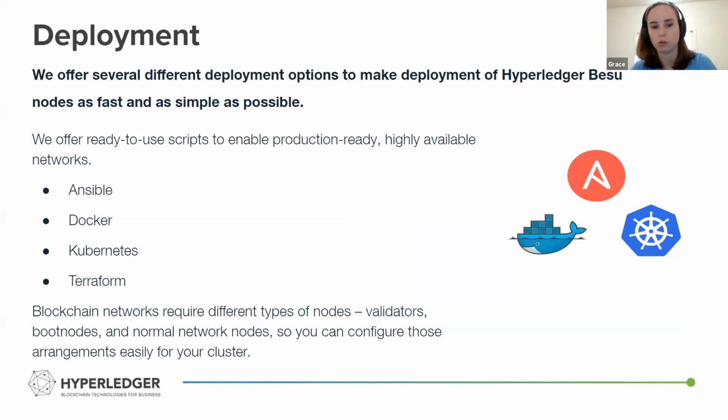A few listed here are Ansible, Docker, Kubernetes, and Terraform, and what's not listed here is that we also have brand new Azure templates as of a month or so ago that we definitely recommend you check out. Basically, we want to make it so you can deploy in a fast and easy manner, and having these options will hopefully help facilitate that for you.